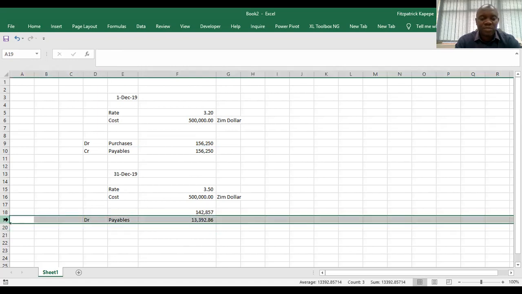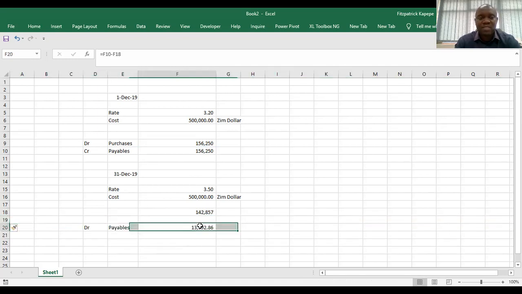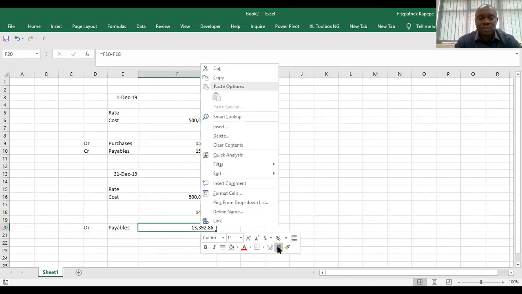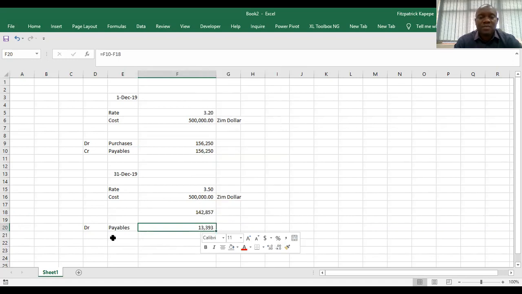This is the journal that we're going to pass. So we debit payables, meaning we are reducing payables.